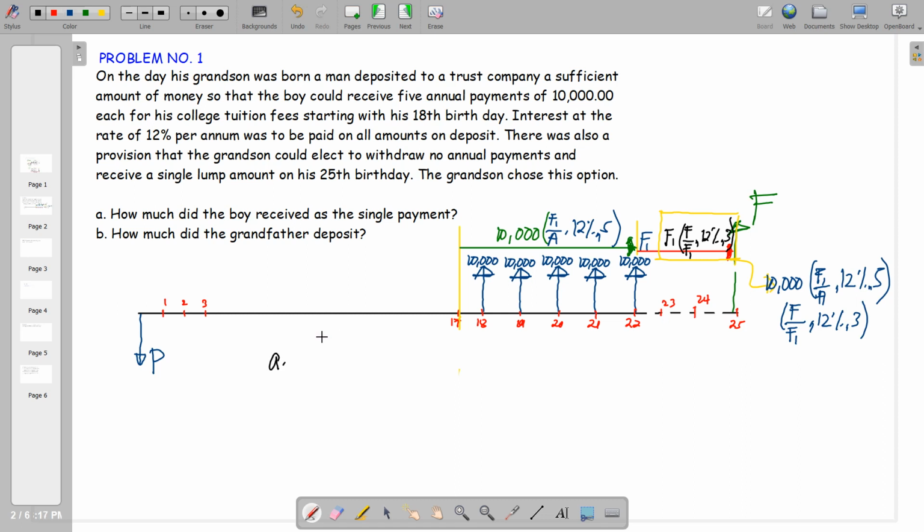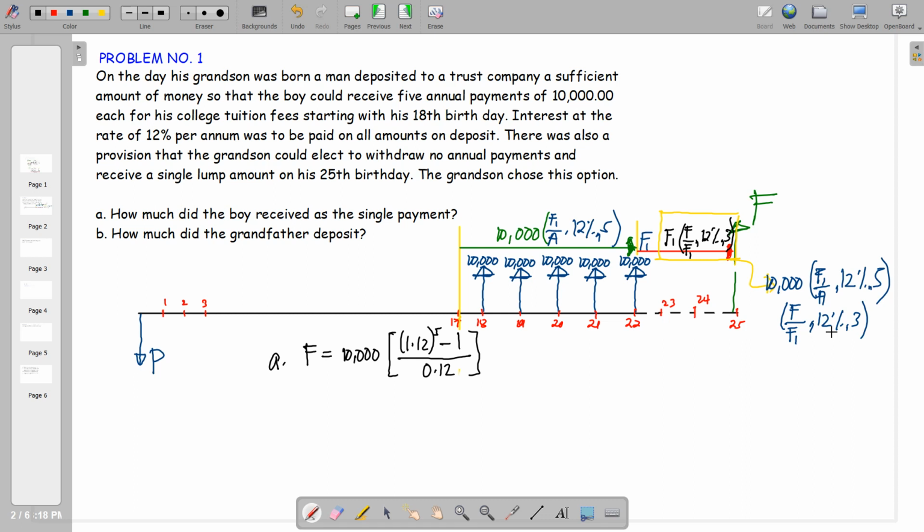So for letter A, we have F equal to 10,000, and then what will be this notation? This is a forward arrow, so what we use is the forward notation, that is finding the future given the present, on annuity: 1.12 raised to 5 minus 1 all over 0.12.